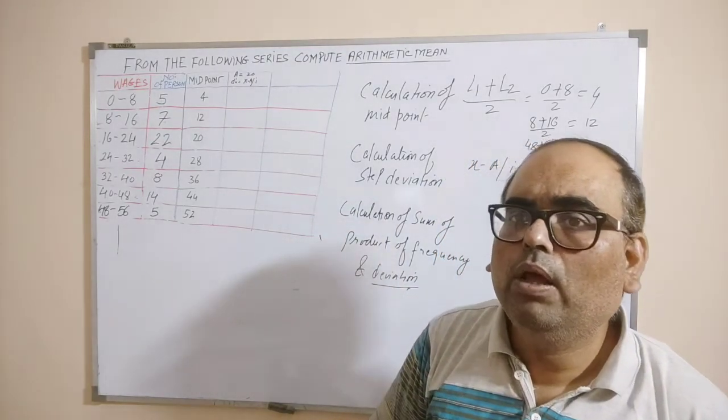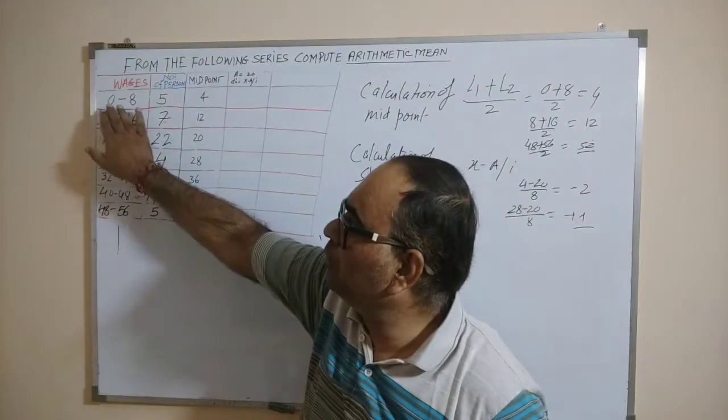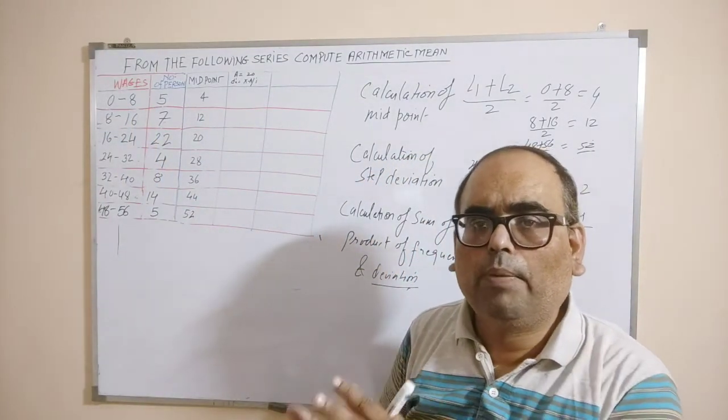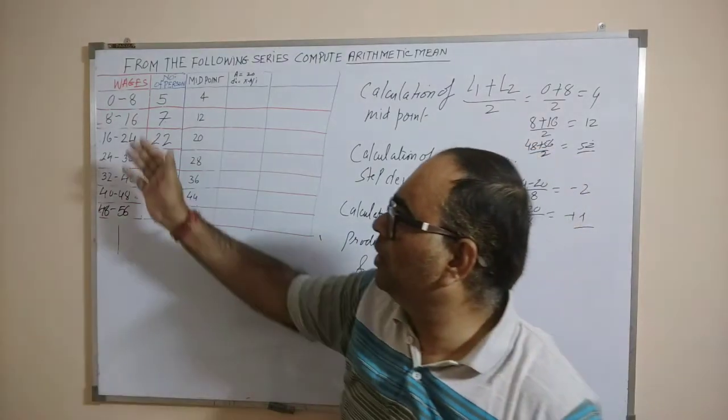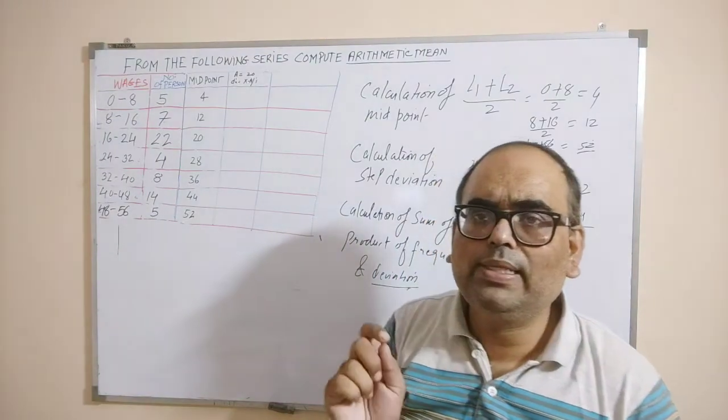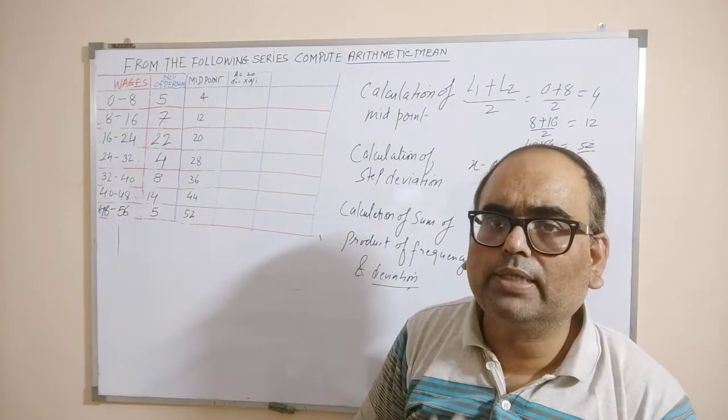The common factor is the difference between the upper limit and lower limit, which in all class intervals is 8.